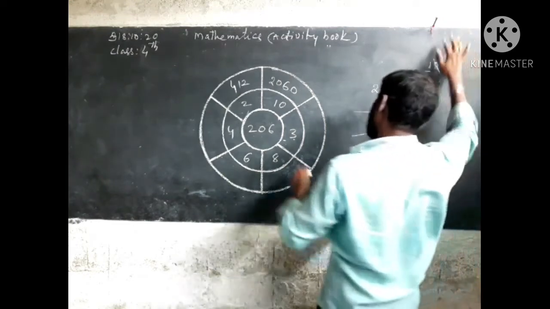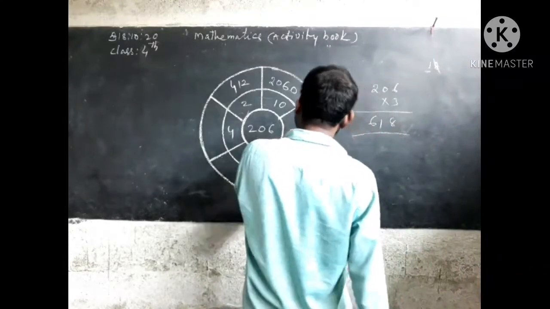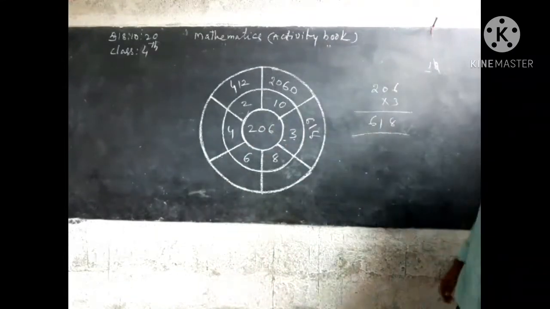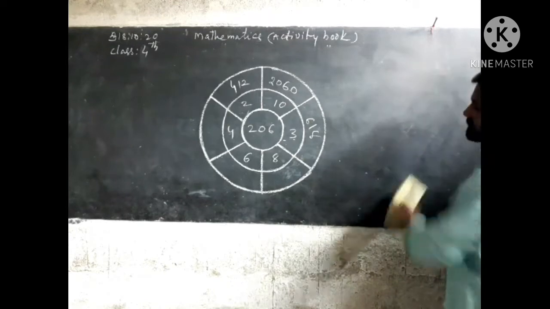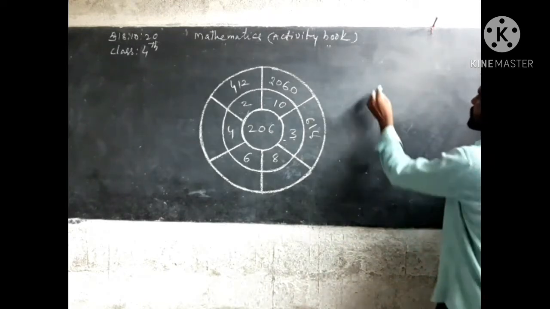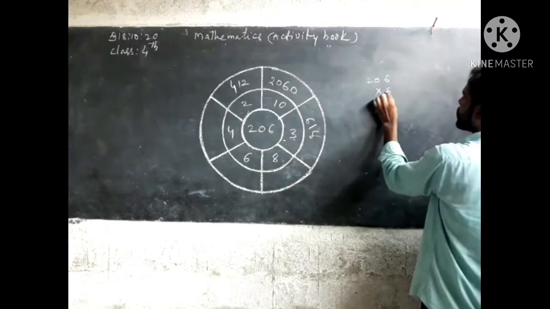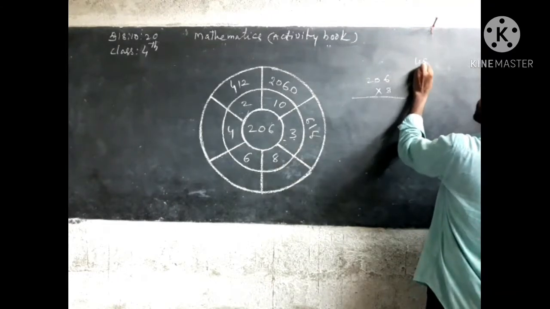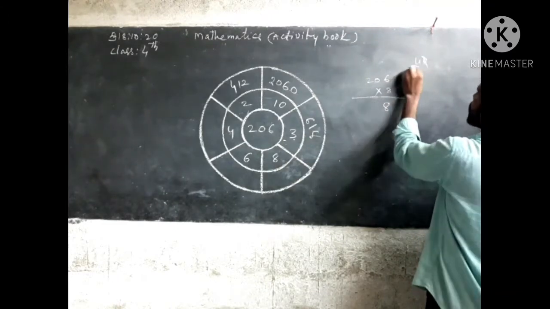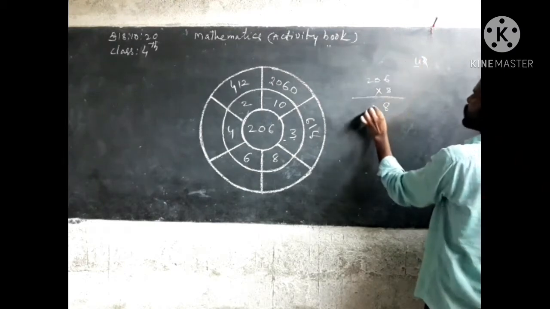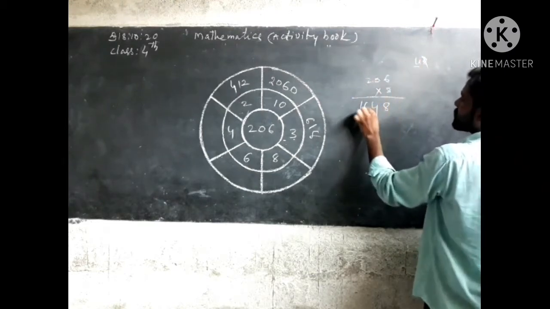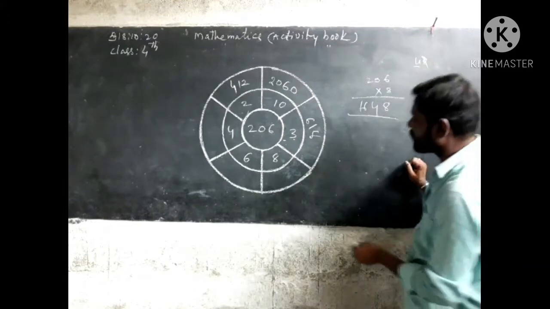So 618. Now next, 206 into 8. 8 6s are 48, 8 taking, carrying 4. 8 0s are 0 plus 4, 4. 8 2s are 16. 1648.